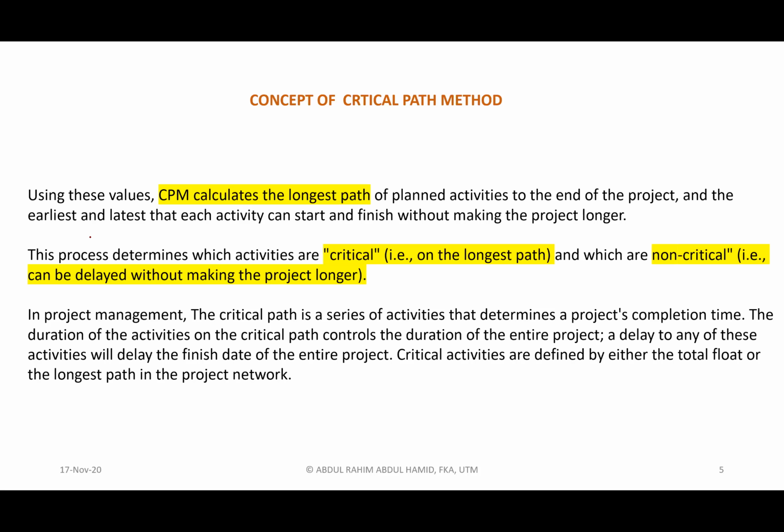Okay, CPM, critical path method, calculates the longest path in any network diagram, because in any network diagram there could be many paths. So when we talk about network, it should have many paths, and among the paths, there could be one or two or multiple.